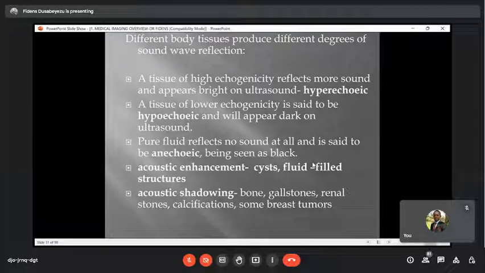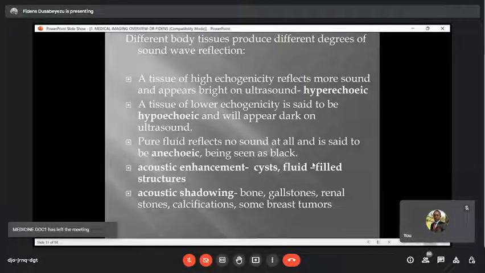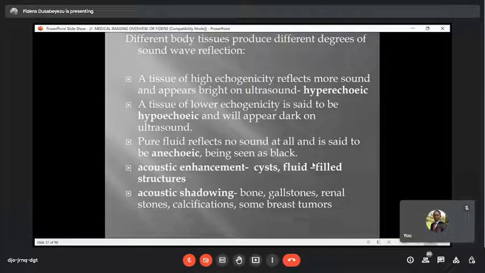By understanding that now, there are two. You say on hypoechoic, the image is going to be dark on the screen. Yet you say on an anechoic, there are no echoes to be reflected, and then it's going to be totally black. How are they different? Is hypoechoic light black or how?